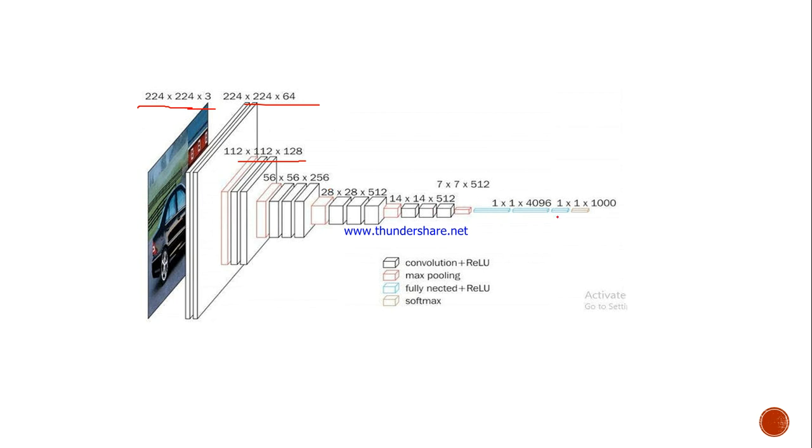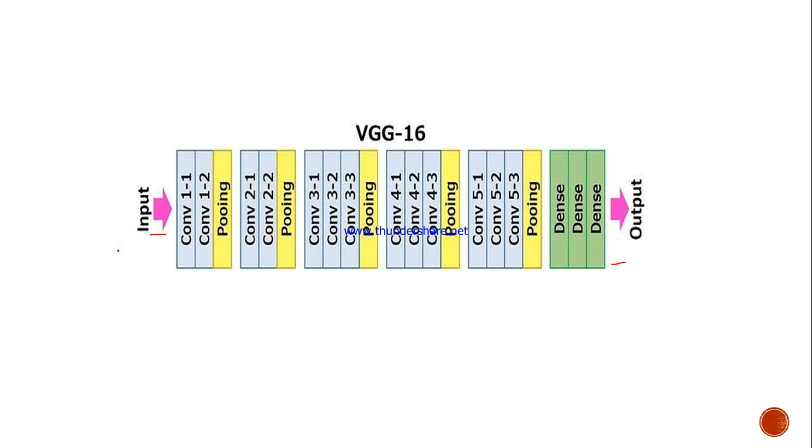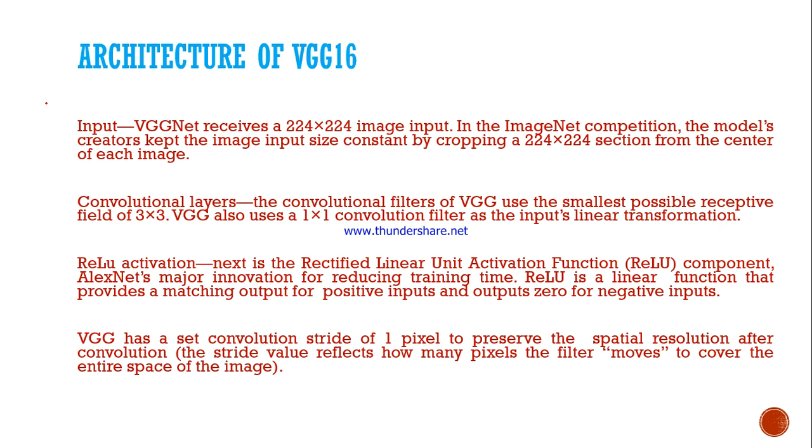Generally VGG16 consists of convolution plus ReLU, then max pooling, followed by fully connected plus ReLU, and at last softmax. So these are the pictures. Let's go for some other explanation also. This is the input, followed by convolution 1, pooling, then convolution 2, pooling, and output dense, like that.